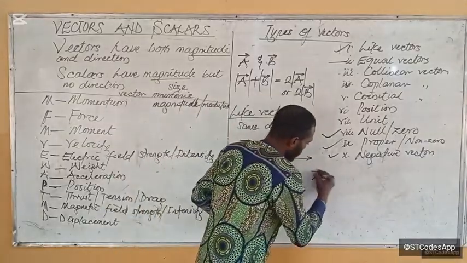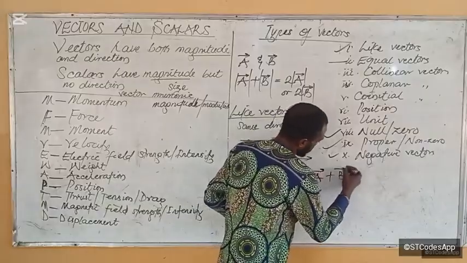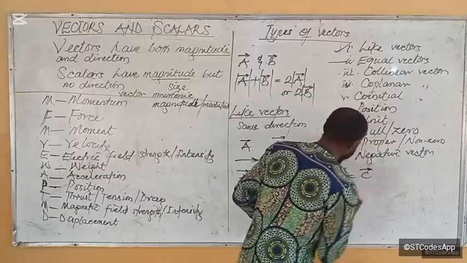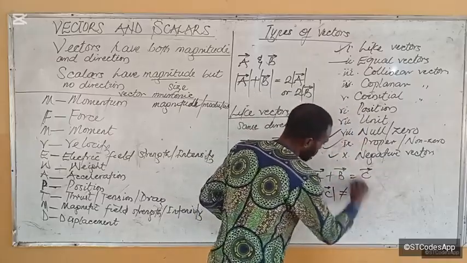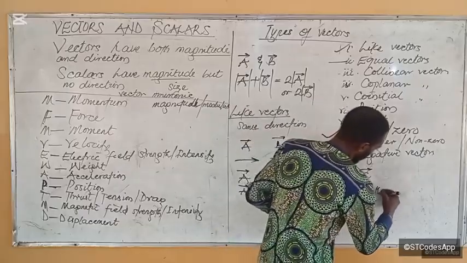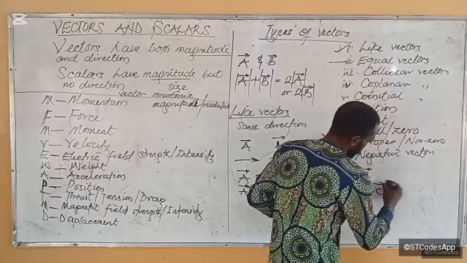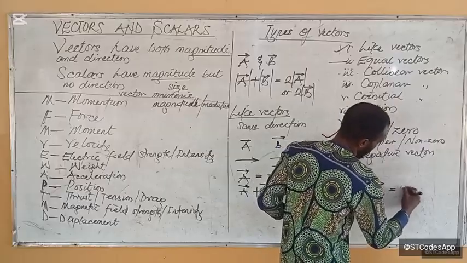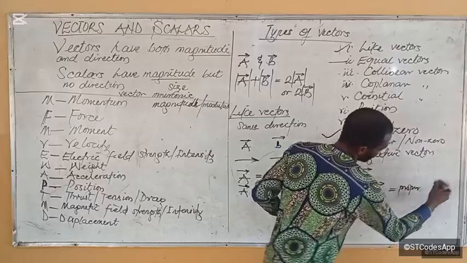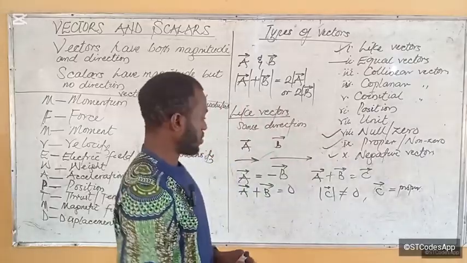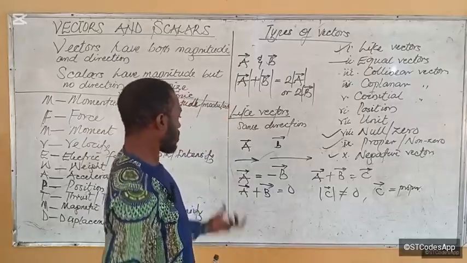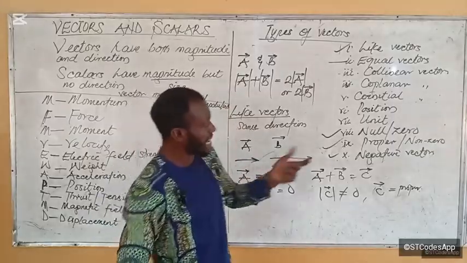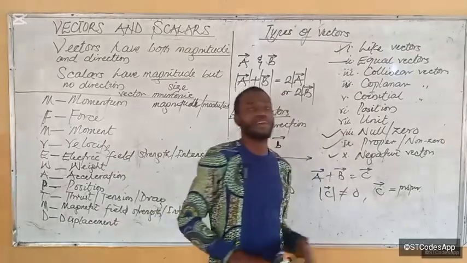So for example, if vector A plus vector B produce a vector C, and the magnitude of vector C is not 0, then vector C is a proper vector. But my point is, if you add two negative vectors, you produce a null vector.